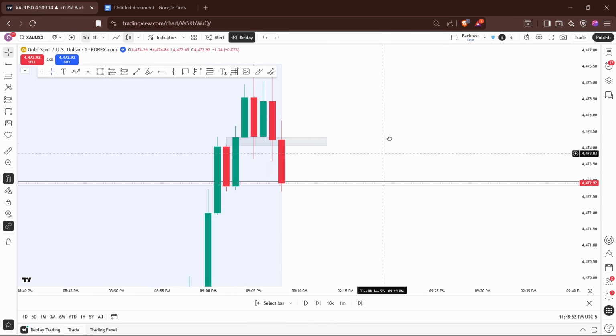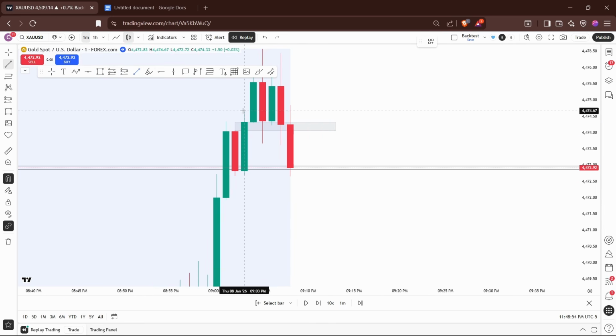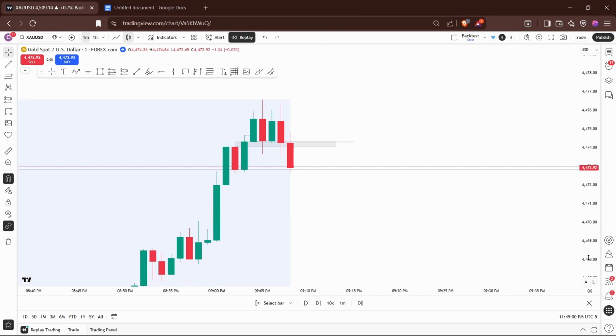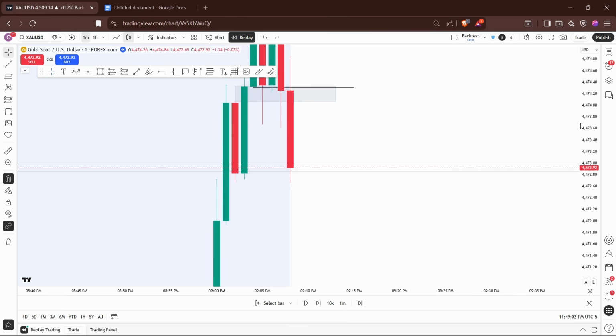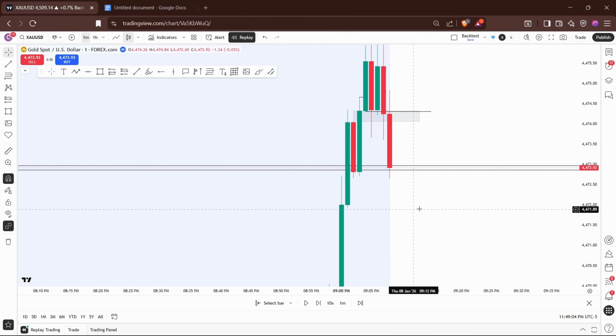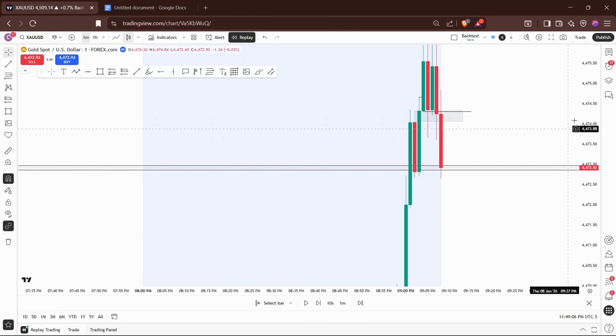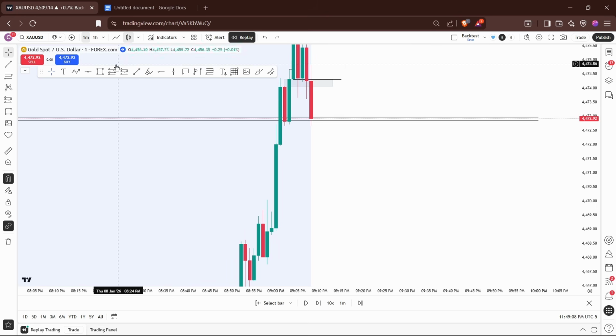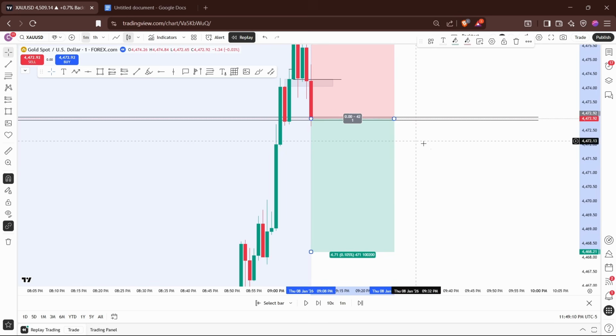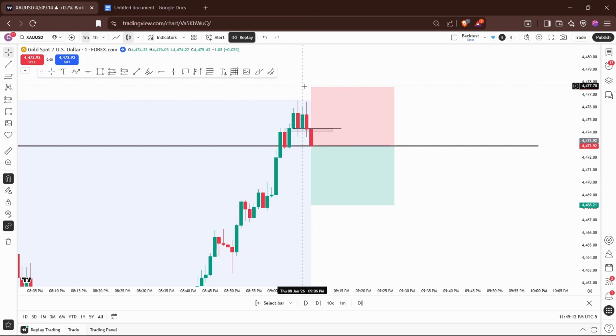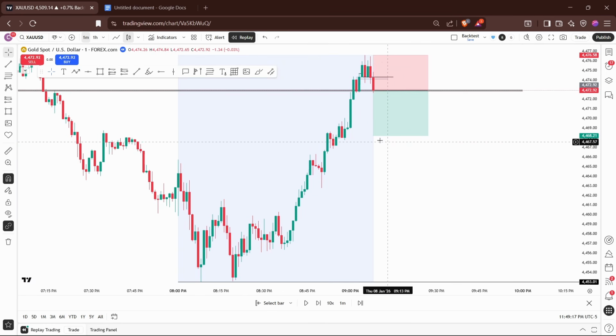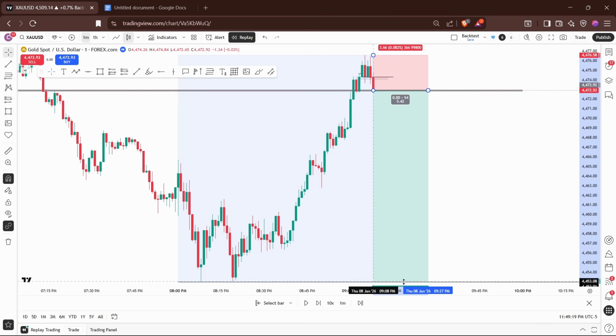Then it forms the candle range broken like this, and then it closes above this POI and then below this POI. You can see this is the first POI and this is the second POI. You can trade here, and our SL will be at this level, and our target will be at this level.